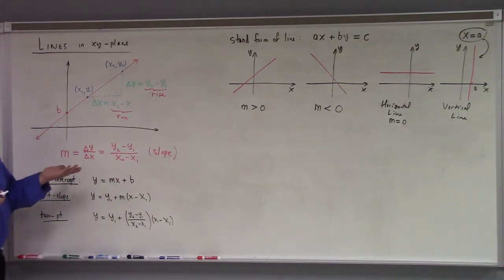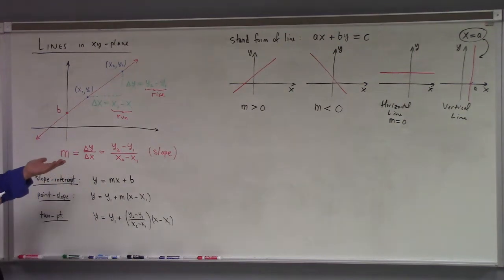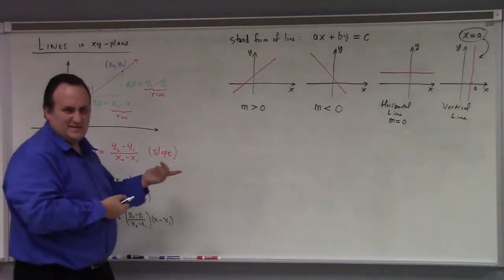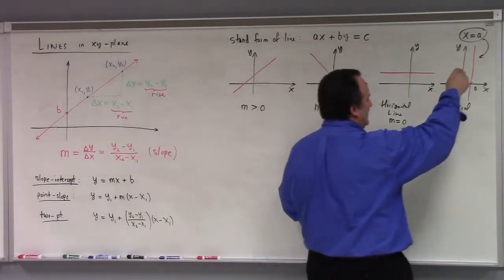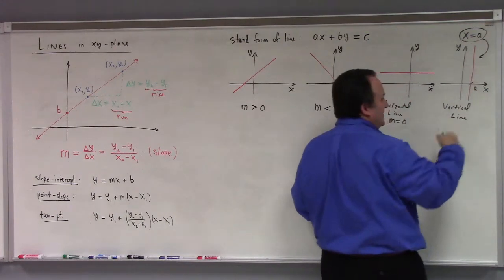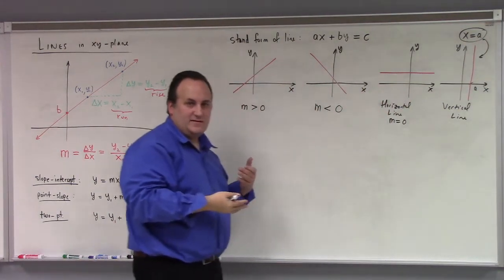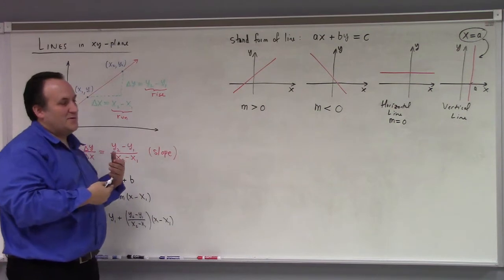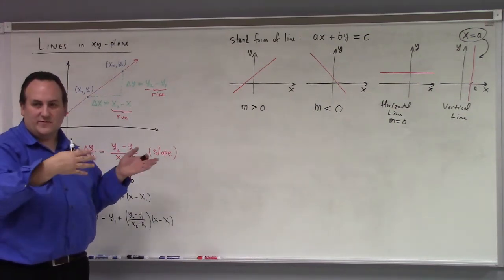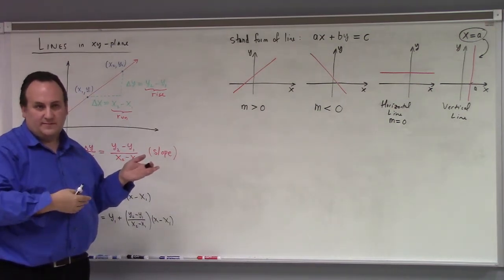There's no y, right? What would delta y over delta x be for the vertical line if you tried to do it? If you take any 2 points on the vertical line, what do they both have? They always have the x coordinate a, right? So if you try to calculate the slope for a vertical line, you get a number over 0, right?